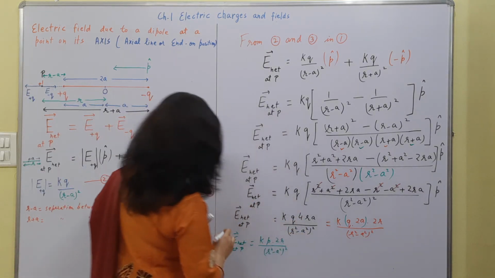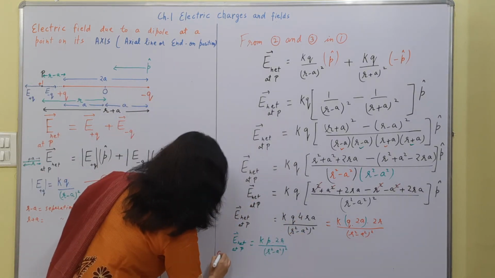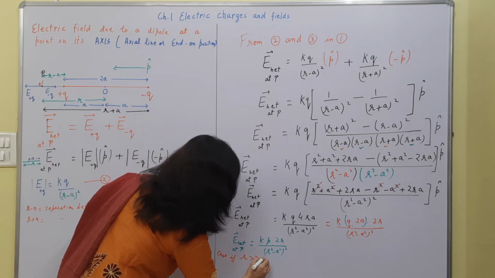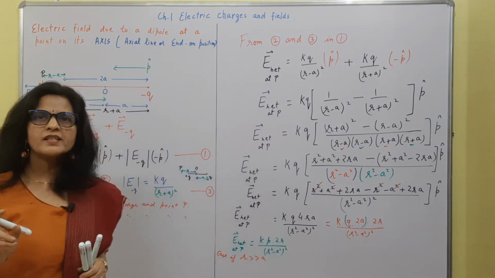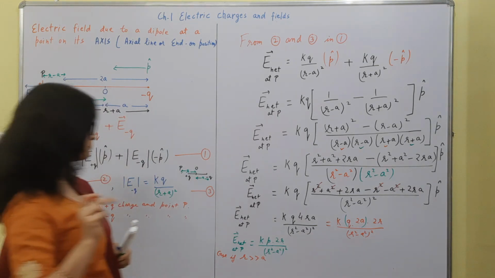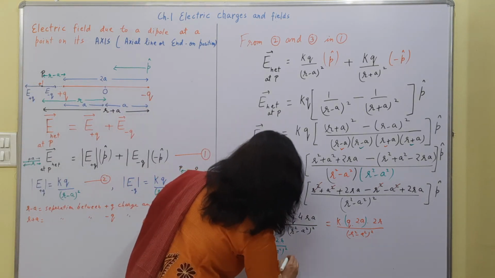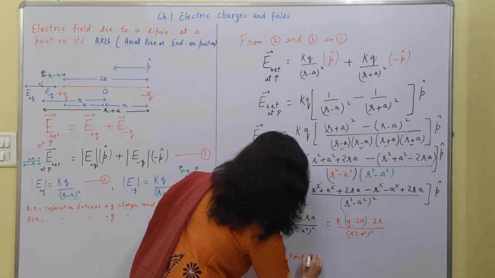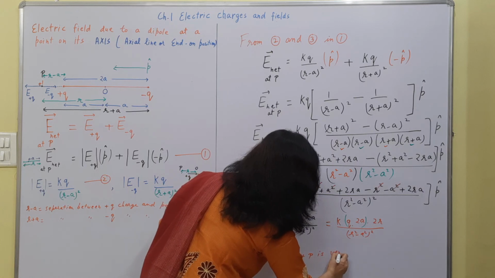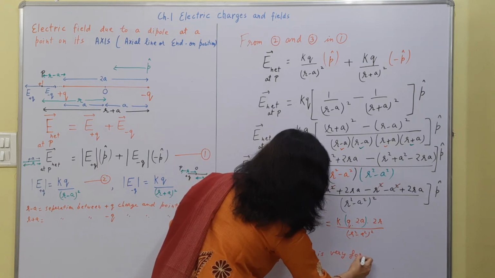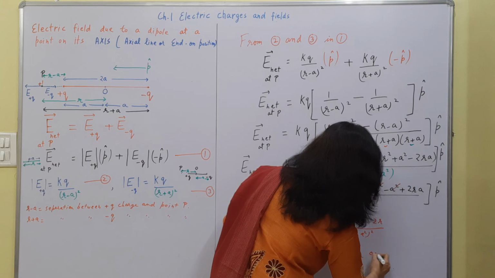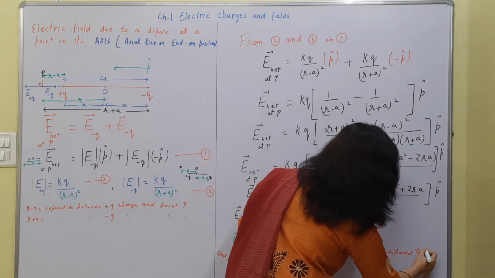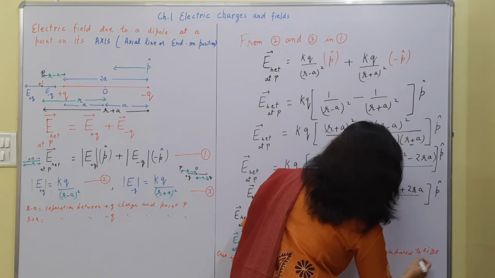So we can apply this case if R is very much greater than A, or you can say the point P is very far as compared to the size of the dipole.